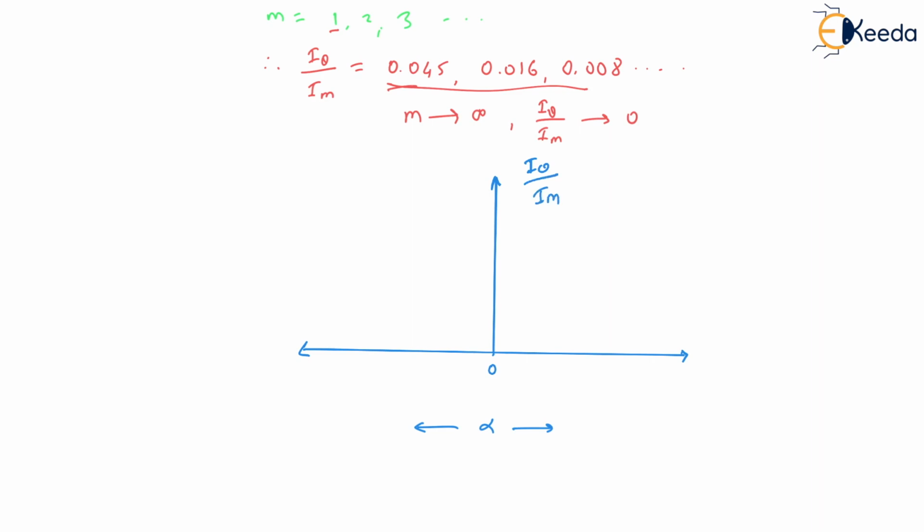Whenever theta is 0, I theta and Im will be the same, both equal. So here I'll write the value as 1.